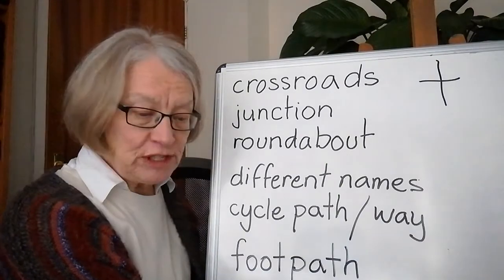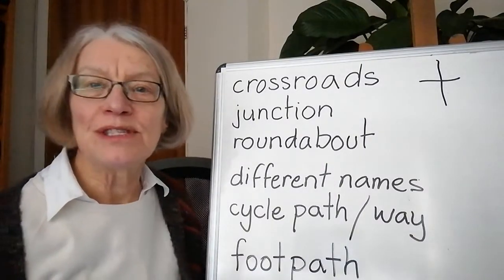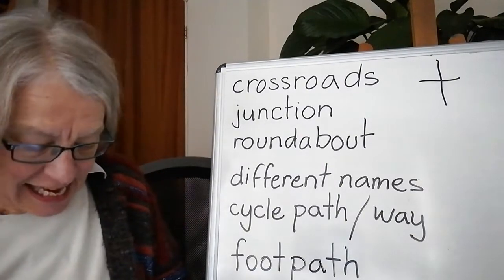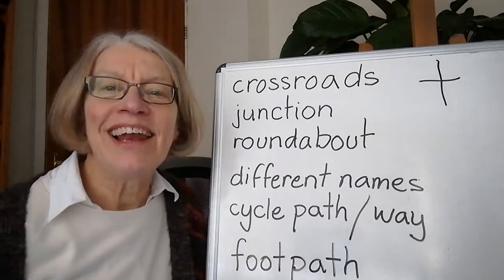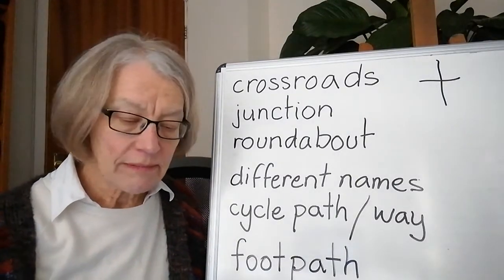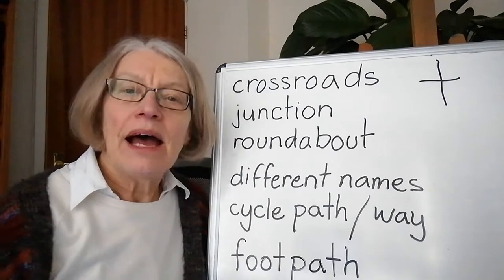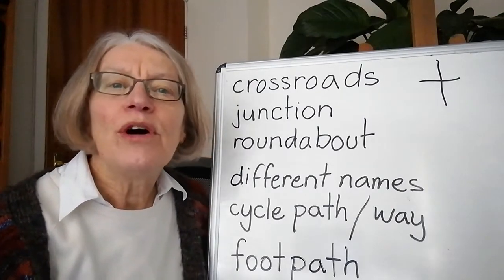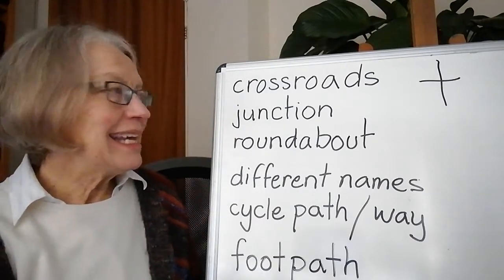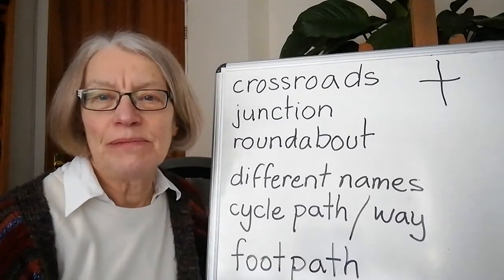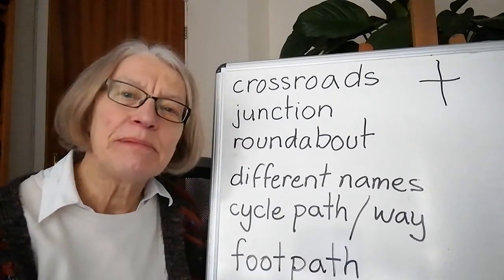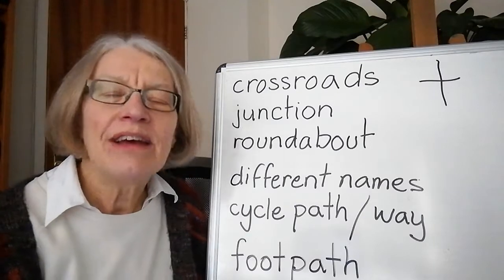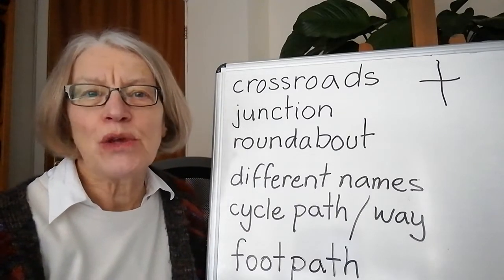And very often at crossroads we have traffic lights. Traffic lights. Another word for crossroads is an intersection. But that tends to be something that's used in America, not so much in the UK.